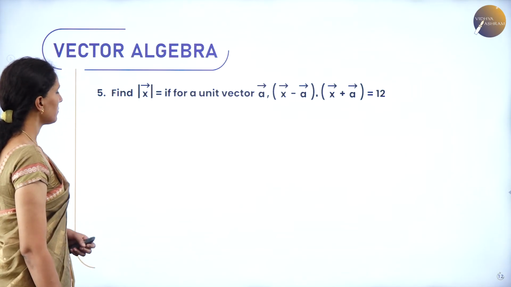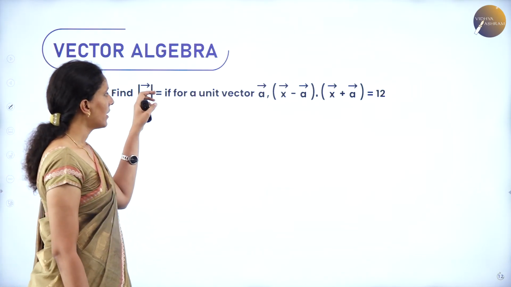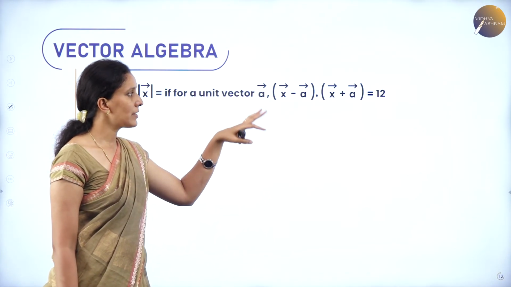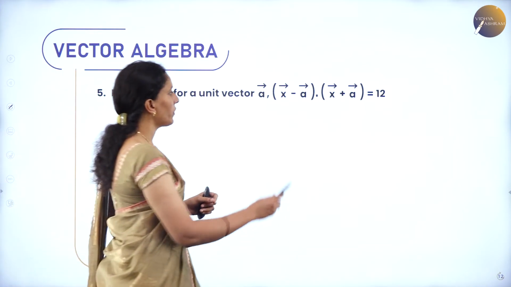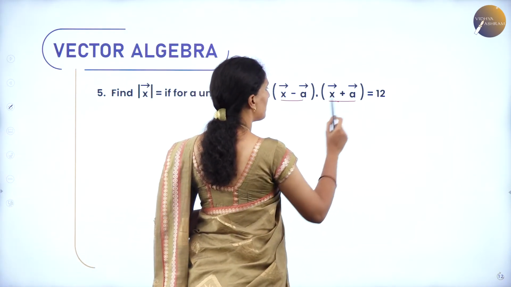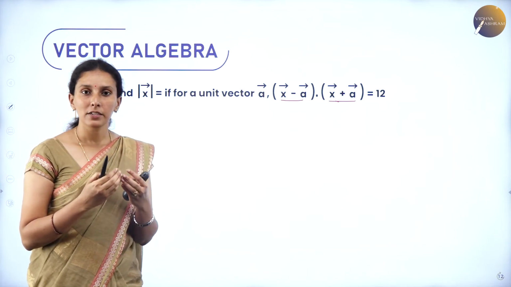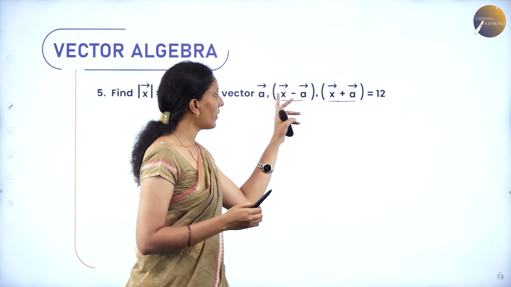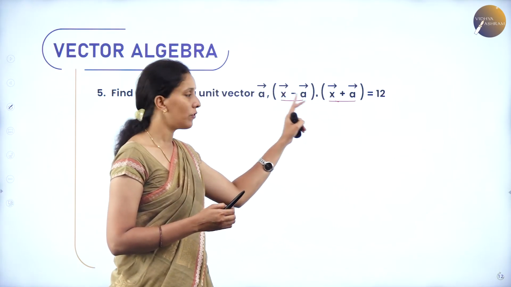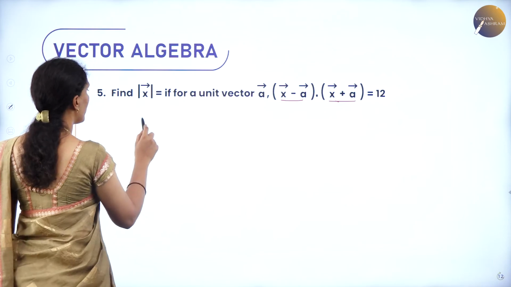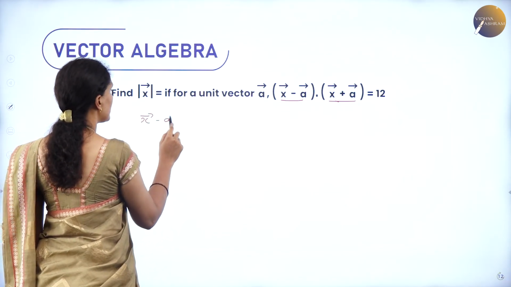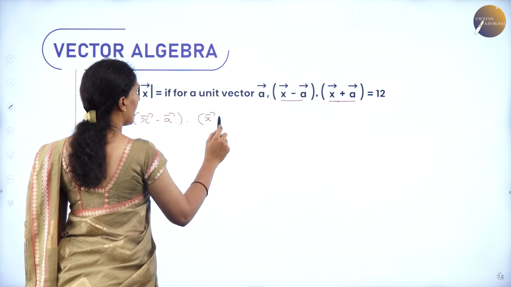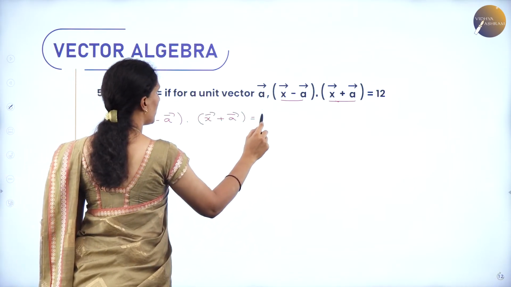Next, find modulus x if for a unit vector A, x minus A dot x plus A is equal to 12. So we know that A plus B into A minus B can be written as A square minus B square. Now we are multiplying two vectors, so we can also use the dot product form, or we can directly write x minus A dot x plus A is equal to 12.